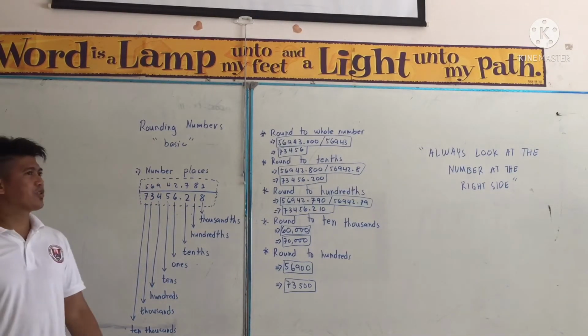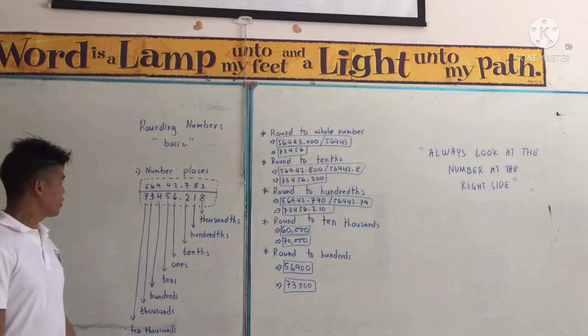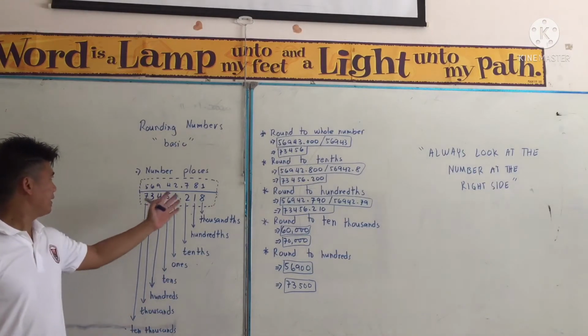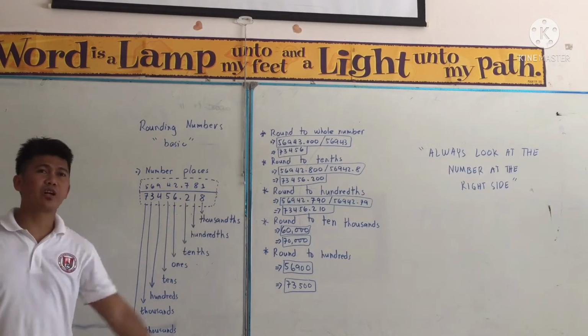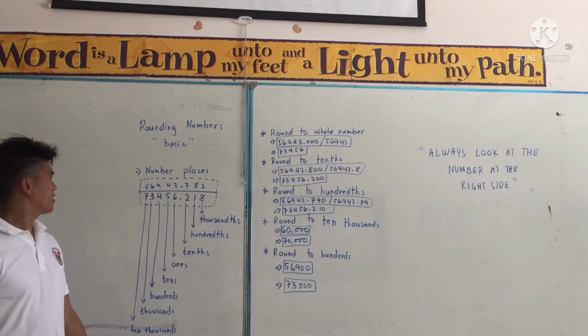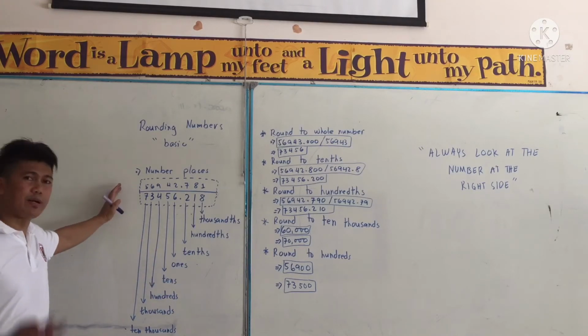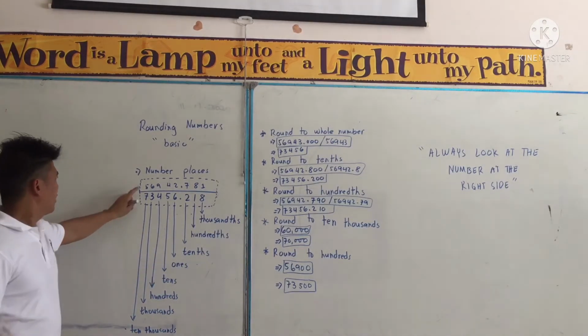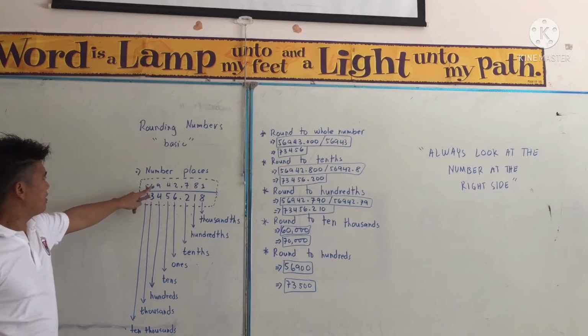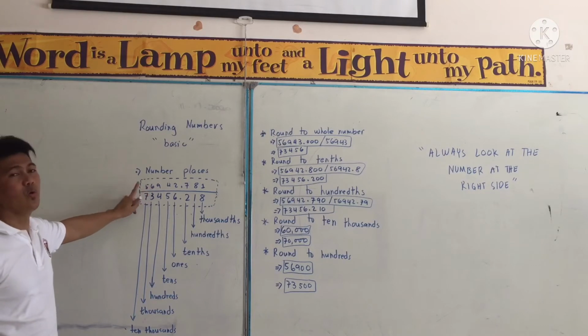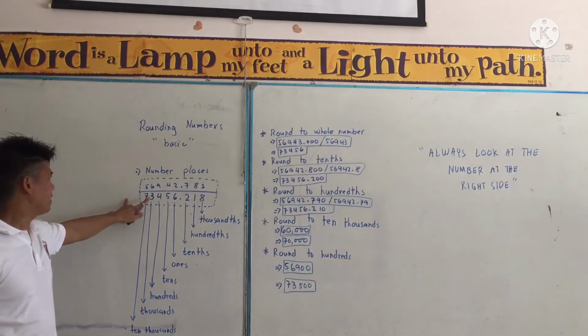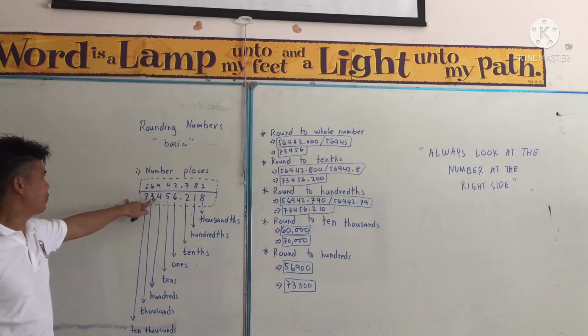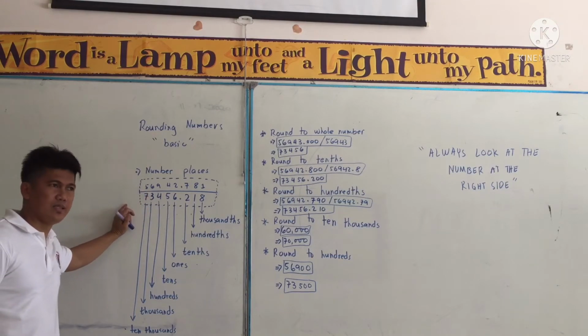Okay, so let's go back to our lessons: the names of the places of the numbers. There are two examples that I am giving here: 56,942.781 and 73,456.218.